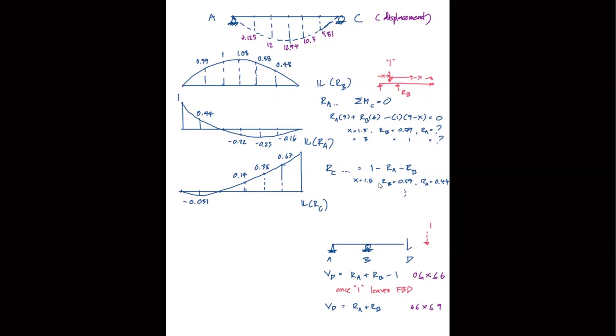So the second equation will be in play when your unit load travels beyond point D. So this free body diagram remains correct regardless of where the unit load is, but the equation will have to correspond to the unit load as well, right?